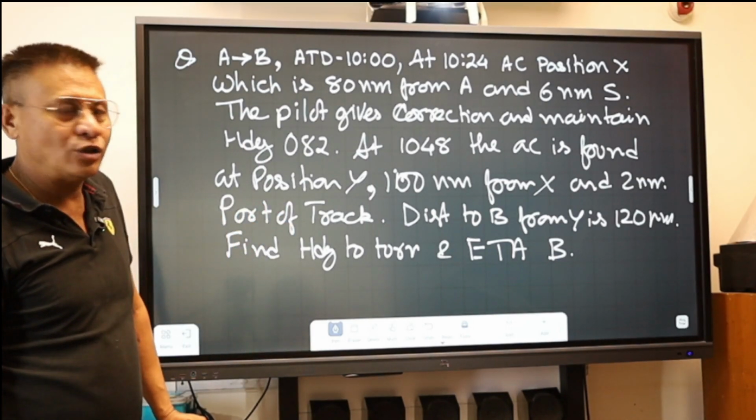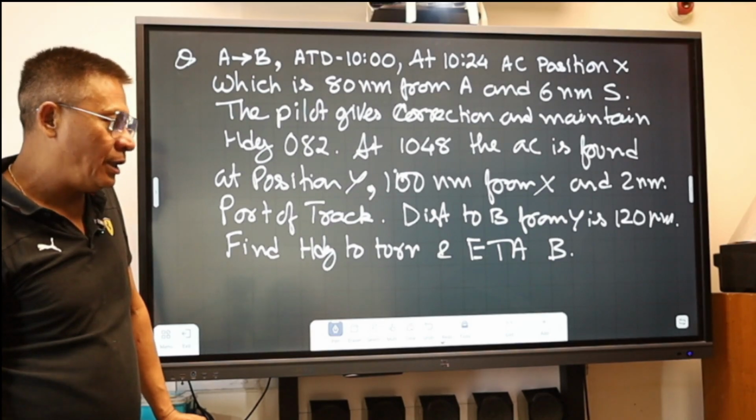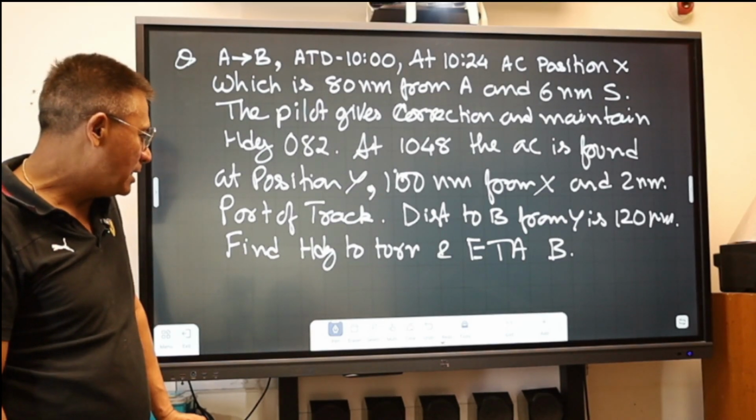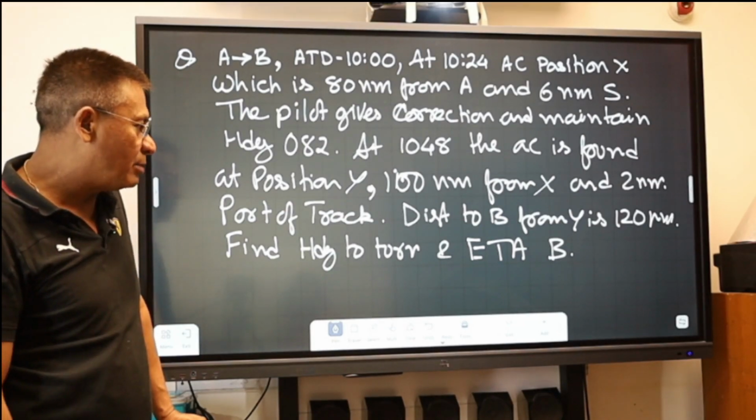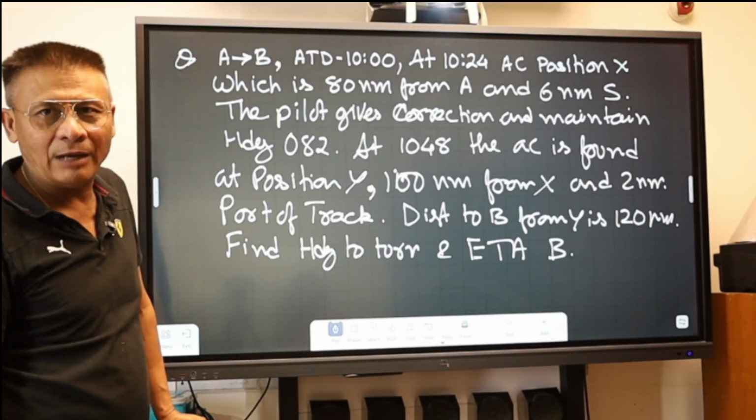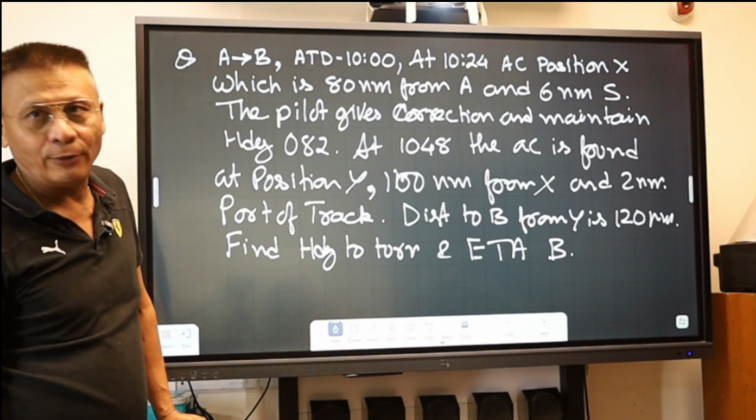Now the distance to Bravo is 120 nautical miles. Find the heading to turn to his destination Bravo and the time of arrival at point Bravo.